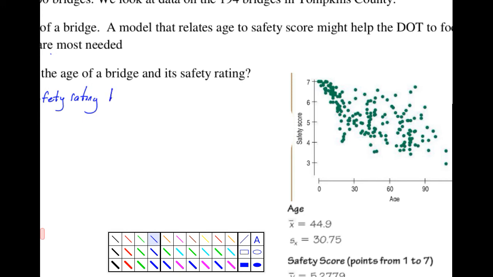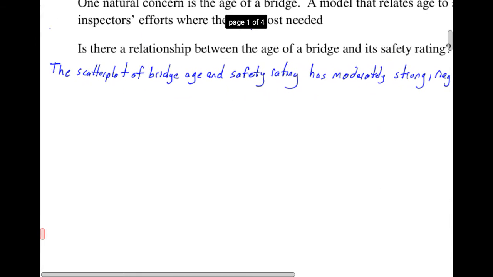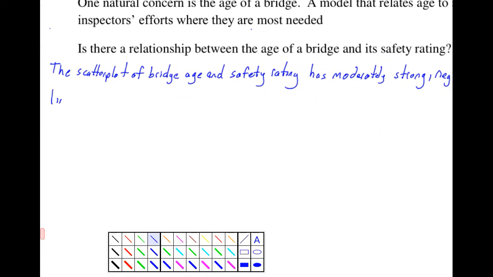So the scatter plot has a moderately strong, negative, linear association. Yes, we generally just deal with linear, but you still have to state that in there specifically.